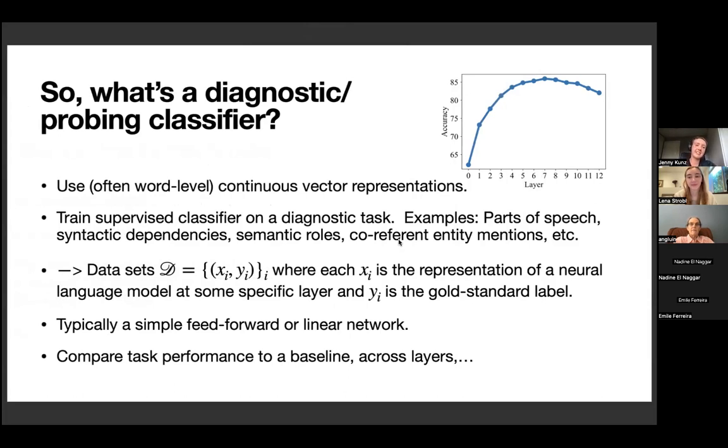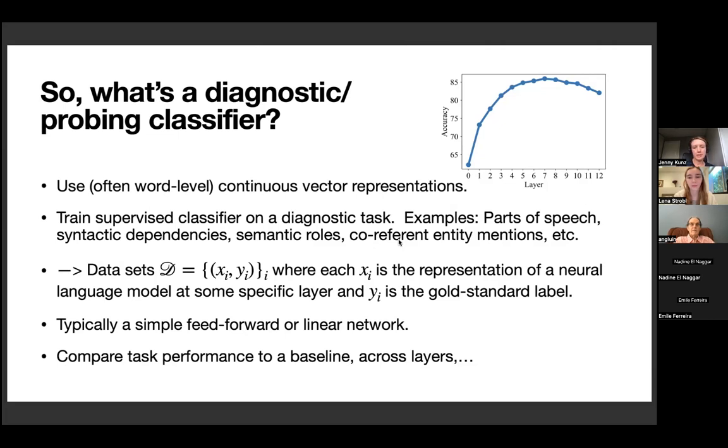So what are these diagnostic classifiers or probing classifiers that Kunz et al. proposed and that I am also working with? They work on continuous vector representations, often at word level.